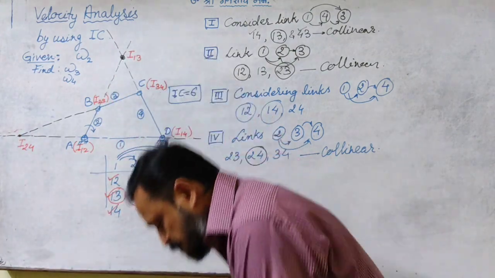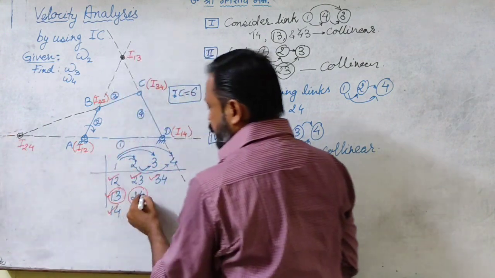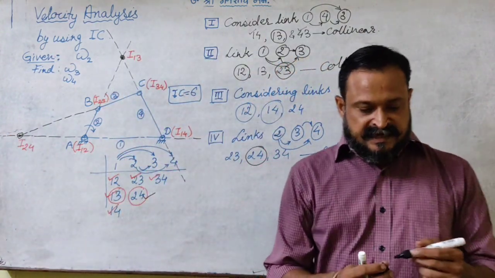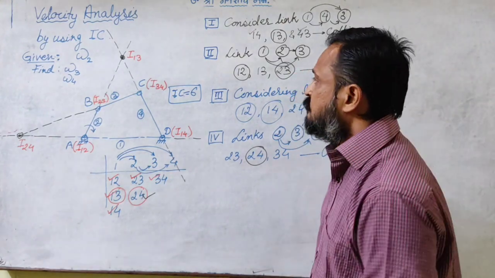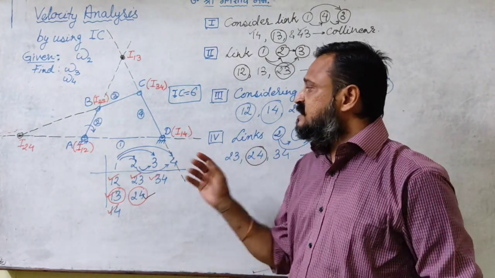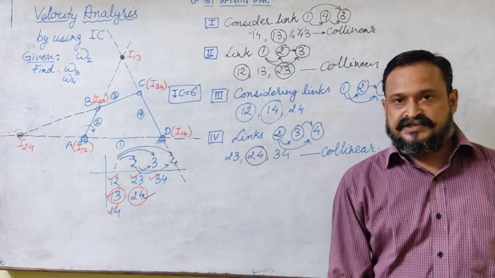So that is how we have now located all the 6 instantaneous centers, and now we will see how we can use these instantaneous centers to do the velocity analysis.